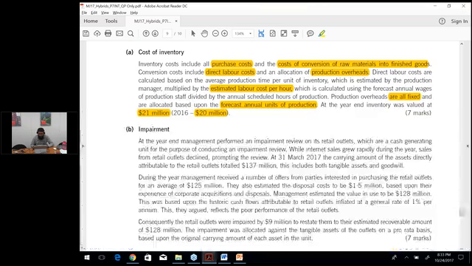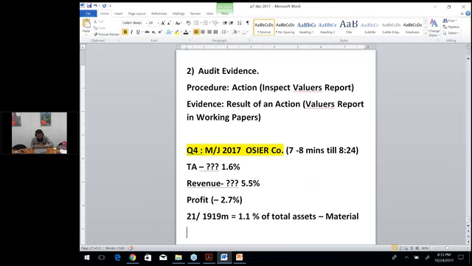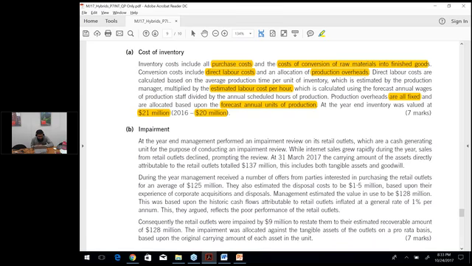That's number 1. Now, the accounting for inventory, what they have done is they have included the purchase cost and the cost of conversion of raw material into finished goods. Conversion costs include direct labor hours and allocation of production overheads. So the direct labor costs are calculated based on average production time per unit of inventory.